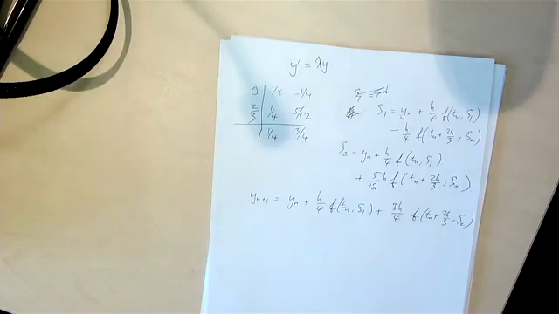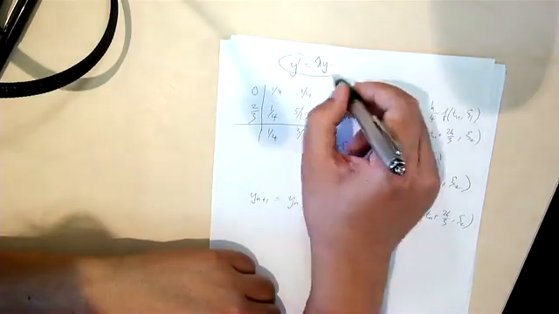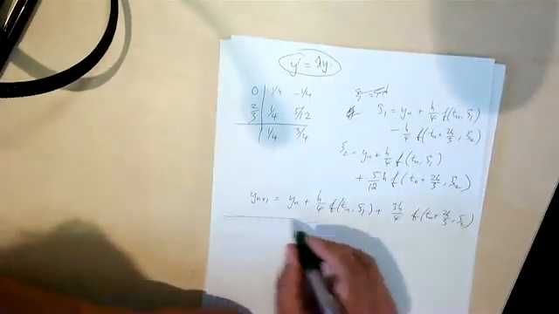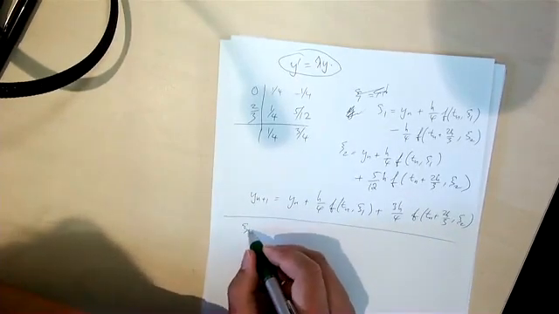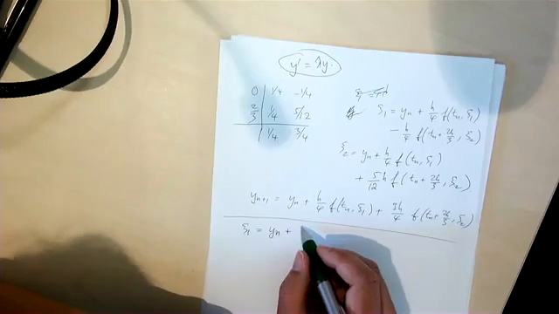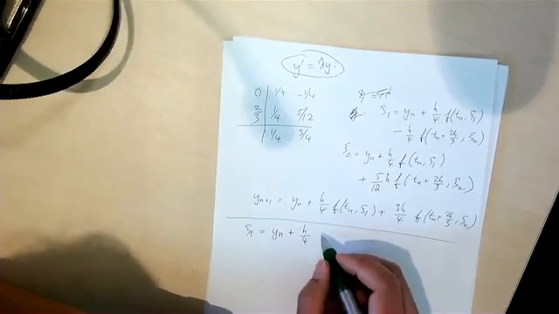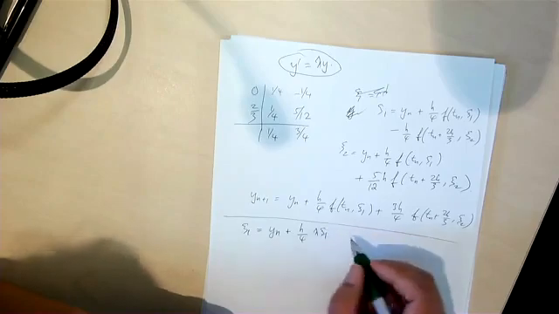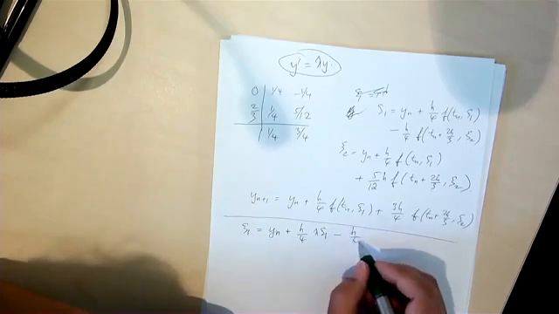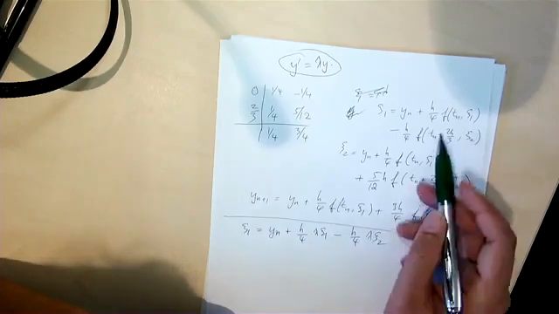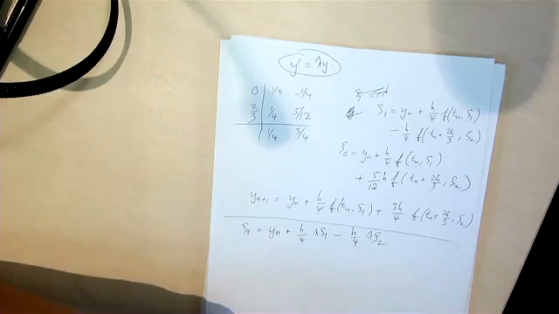And now you plug it in your f. Remember, your f is the right hand side. So xi1 will be yn plus h/4 lambda xi1 minus h/4 lambda xi2. Remember, there's no t, so we don't have to worry about t.